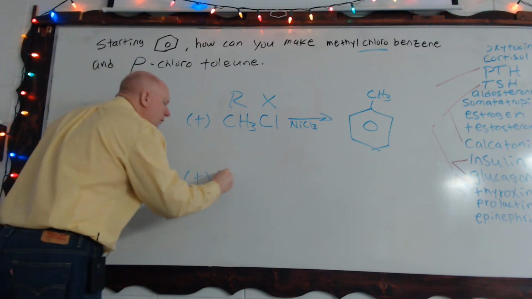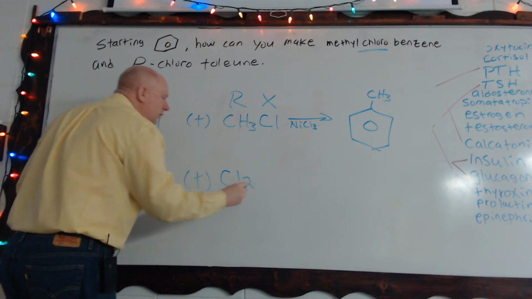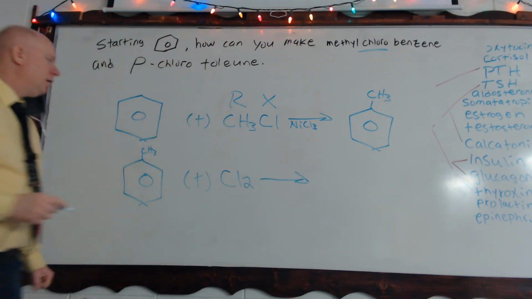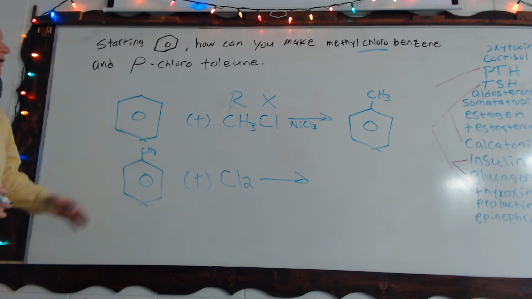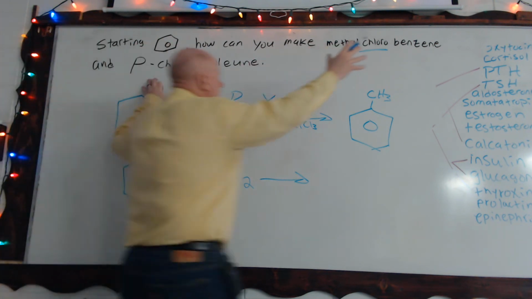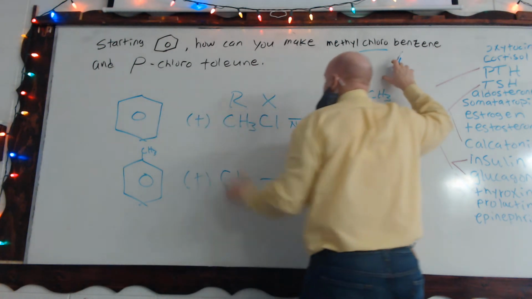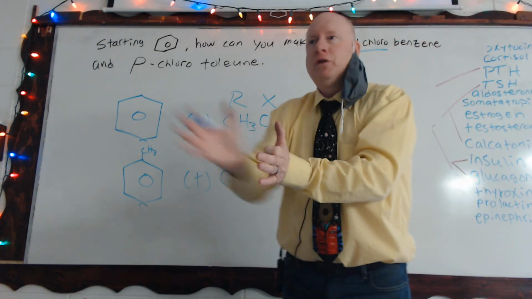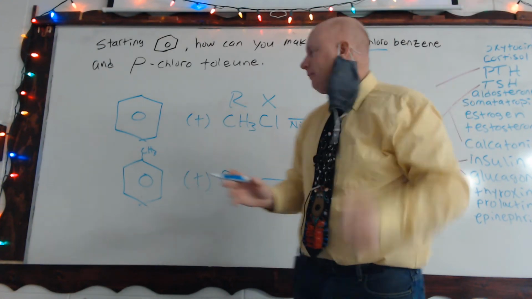Now we want Cl2. Now, this is where this totally splits apart. In other words, it's on your chart, it shows you where one goes one way, one goes the other.